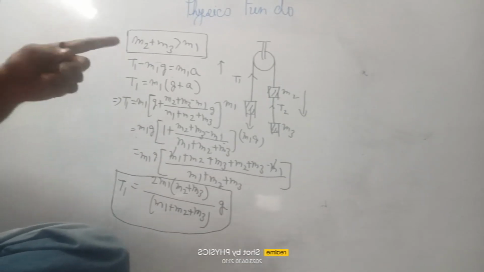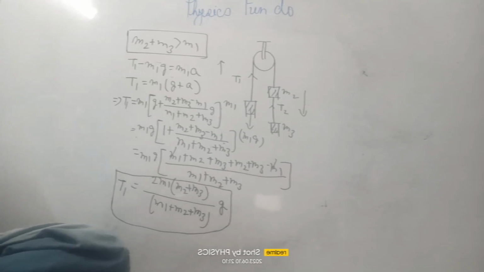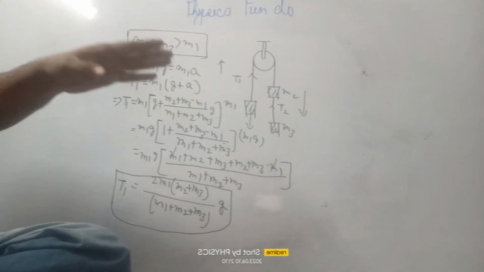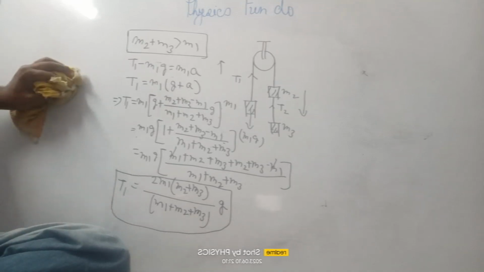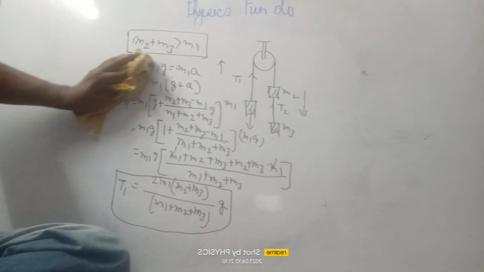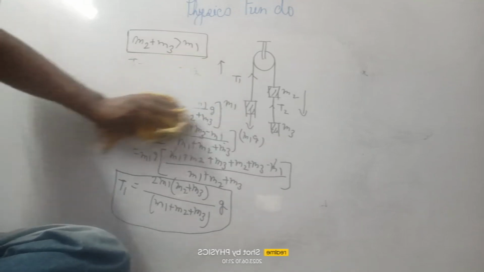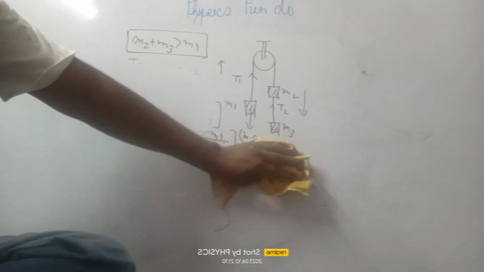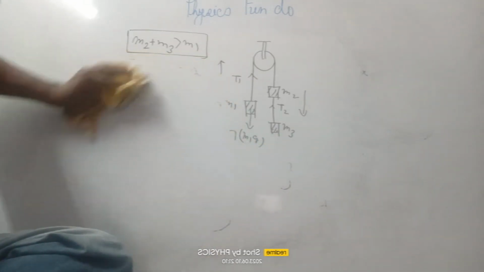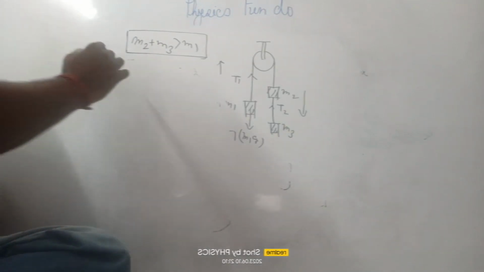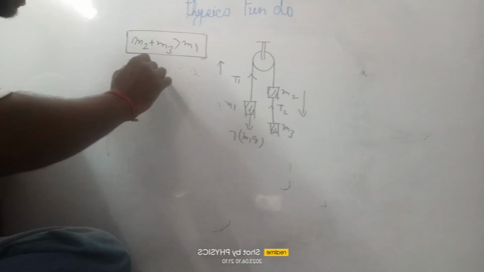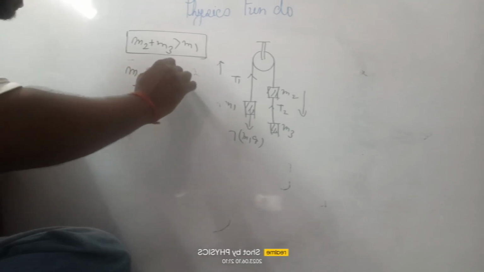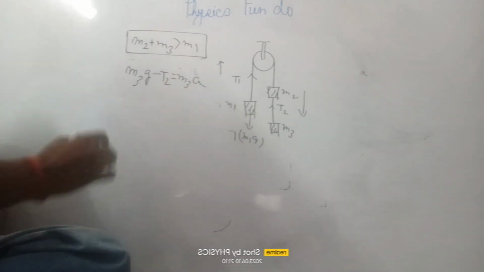Now moving towards the tension acting on the m3 mass. Here we have the equation m3g minus T2 is equal to m3 a.